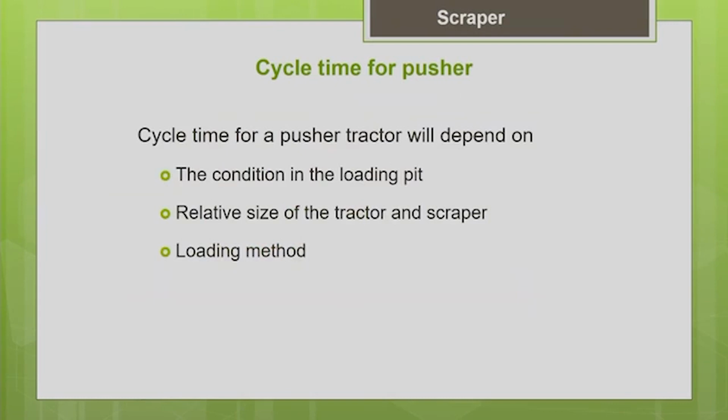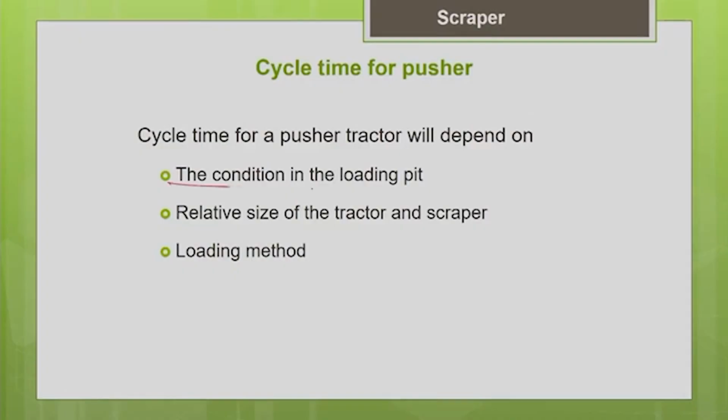So this cycle time of the pusher is variable. It depends upon various factors. Say it depends upon the condition in the loading pit. Okay. Say if the loading terrain is very hard, consolidated clay, in that case more time is needed for the pusher to assist the scraper. And also it depends upon the congestion at your site. If the site is very congested, it will be difficult for the pusher to spot the scraper.